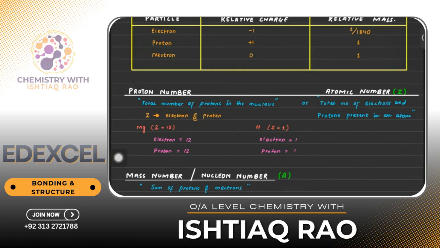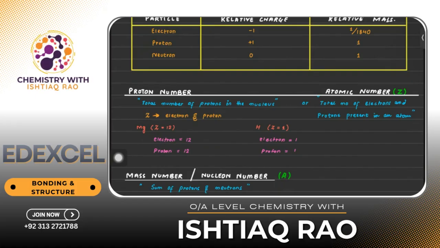And what is mass number? Remember, mass number cannot be in decimal. If you remember from the periodic table, the mass of chlorine is going to be 35.5. So what would you call it? You will say it is atomic mass, not the mass number, because this is in decimal.